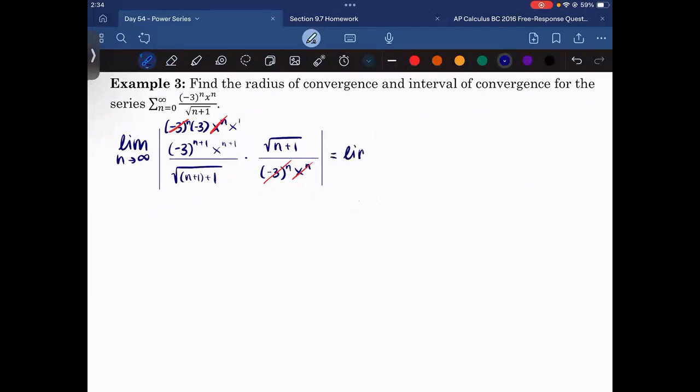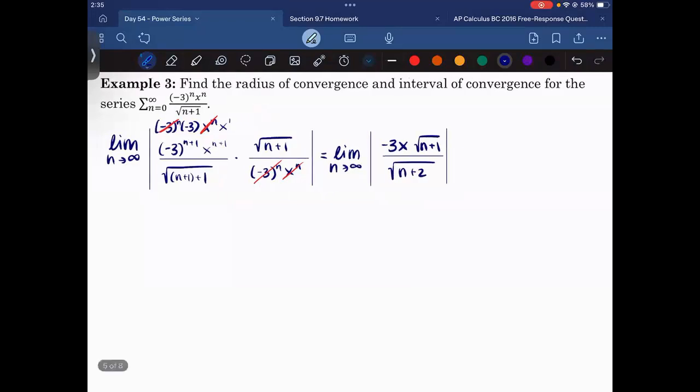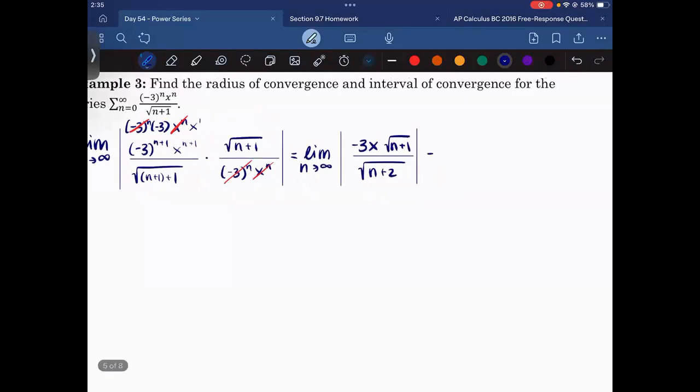And now we have the limit as n approaches infinity of the absolute value of, let's see, negative 3x square root of n plus 1 divided by n plus 2. And we know sometimes on my notes, I do split it out. So I am going to put this negative 3x out front. And why is that?